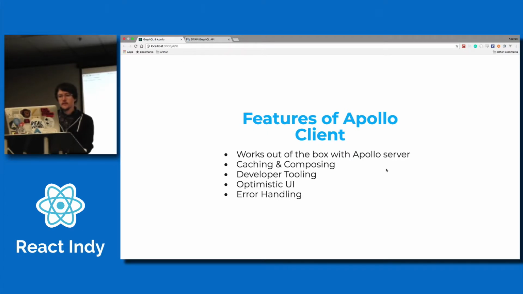Developer tooling: there's great tooling out there for Apollo and GraphQL. Optimistic UI: one of the features that comes with Apollo is that if you delete an item or update an item, it can update your local cache optimistically instead of waiting on your API.